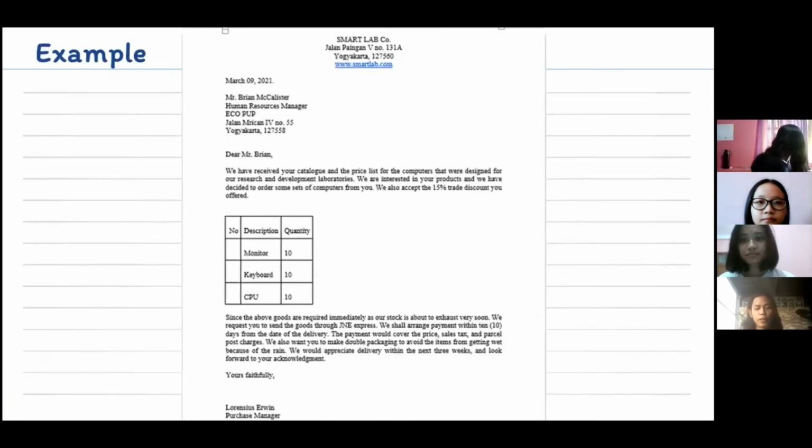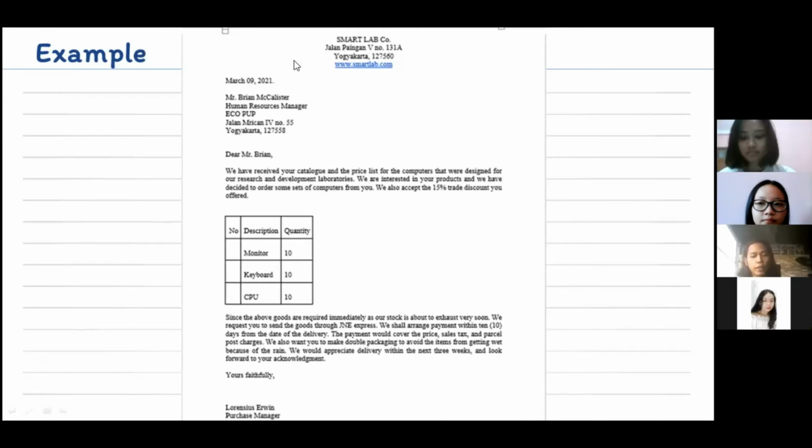Okay, now I will explain the example of the placing order letter. As you can see, at first we have the sender's company name and the address of the company. Below, we have the date of the letter, and then below the date, we have the recipient's name, company, and the address of the recipient.